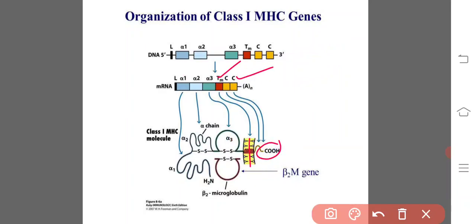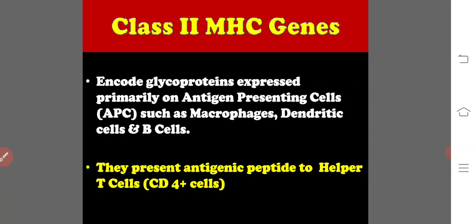So the amino acids which are present in each and every region, like alpha 1, are encoded by alpha 1 genes. So alpha 1 genes undergo transcription and form the amino acids of the alpha 1 region of the MHC class 1 molecules. Like that we have to understand. So these are the genes responsible for the synthesis of class 1 MHC molecules.